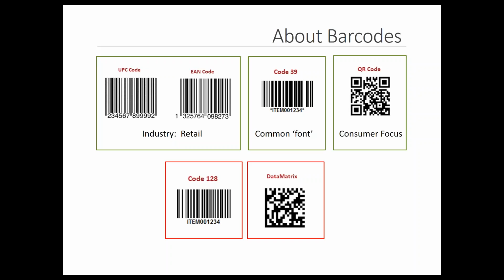It is usually the one we recommend if you want to have barcodes that are going to have multiple pieces of data embedded in them, because again, it's going to be a nice small footprint for you. It does require an imager type of scanner, so there are different scanners that will be able to read it.